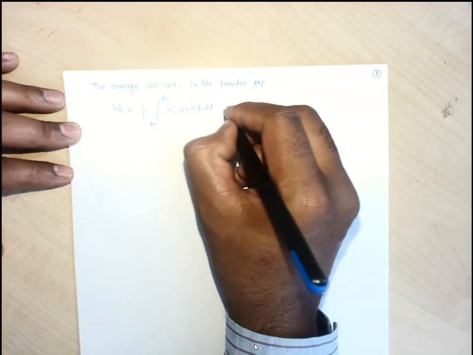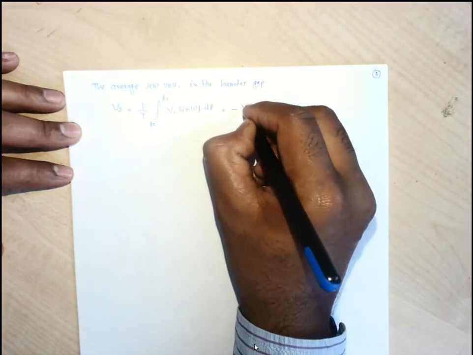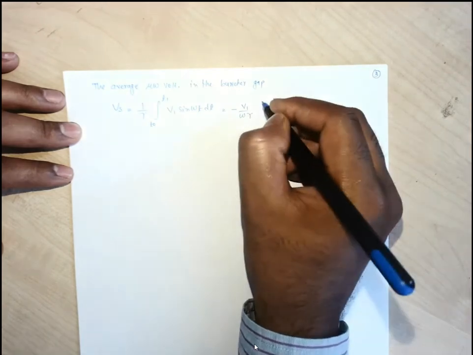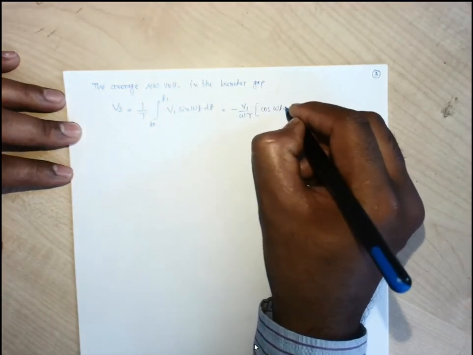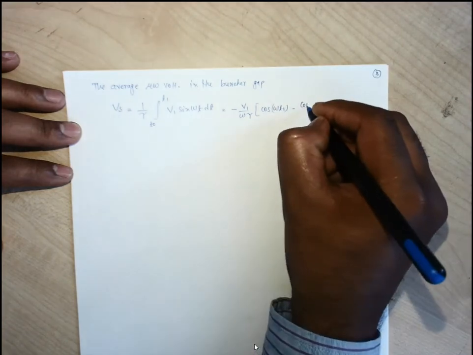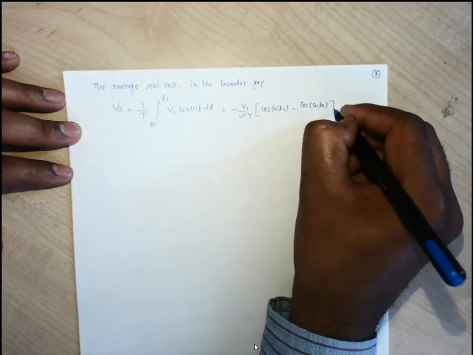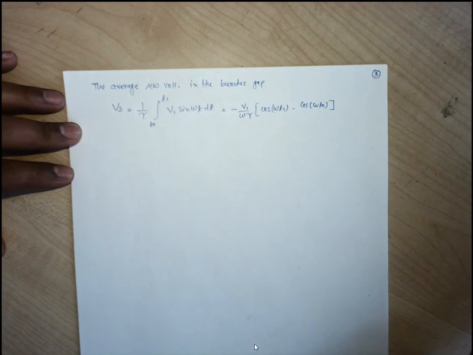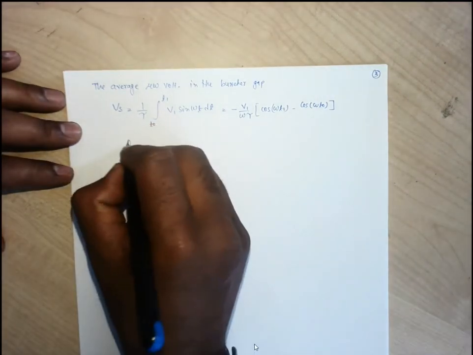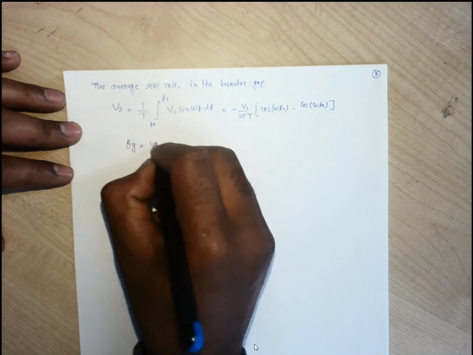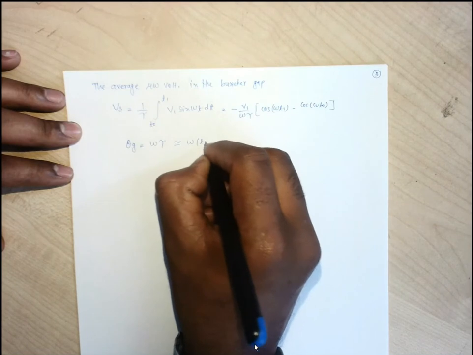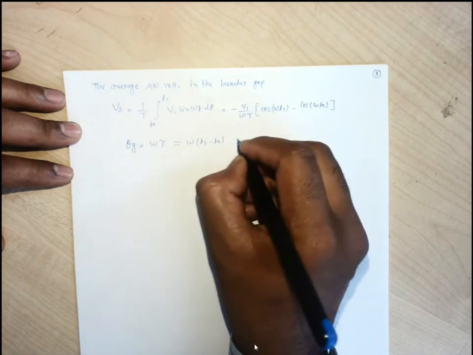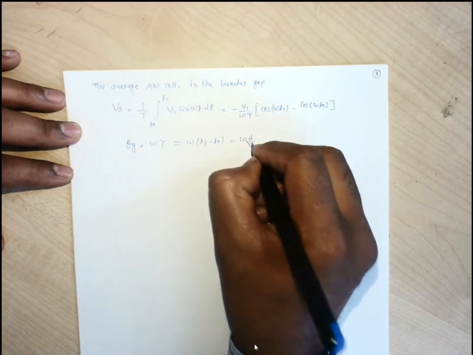It comes out as minus V1 by omega tau times (cos omega t1 minus cos omega t0). What we know is that theta g equals omega tau, which is approximately omega (t1 minus t0), which is omega d by V0.